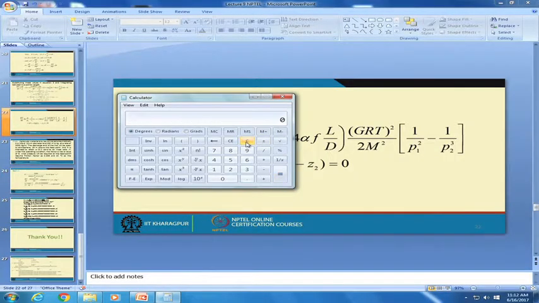Second term came out to be 1 by 1.5 square, inverse minus 1 is equal to this divided by 101,325 square equal to this into 3.48 into 10 to the power 12.